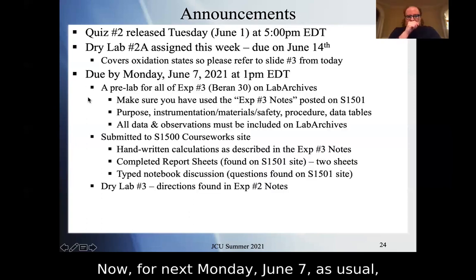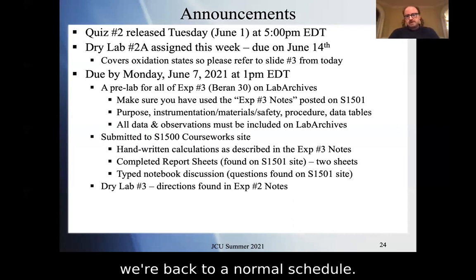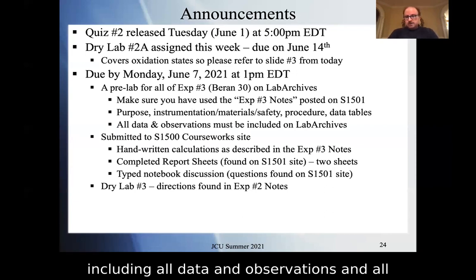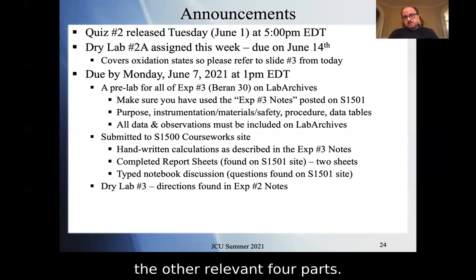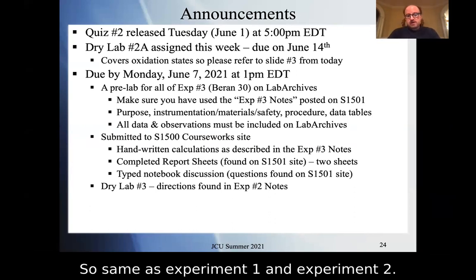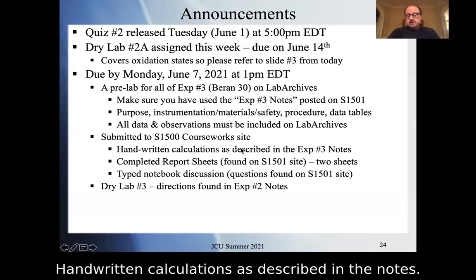Now, for next Monday, June 7th, as usual, we're back to a normal schedule. Pre-lab for experiment 3 on LabArchives, including all data and observations and all the other relevant parts, submitted to Courseworks. Again, this is also a notebook discussion, same as experiment 1 and experiment 2. Handwritten calculations are described in the notes.